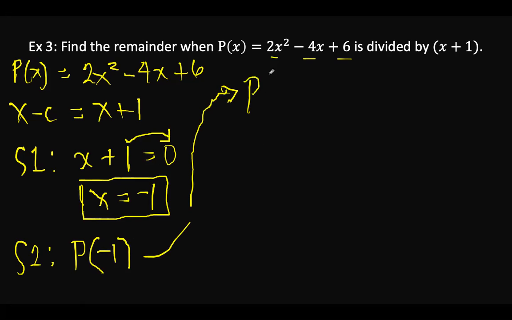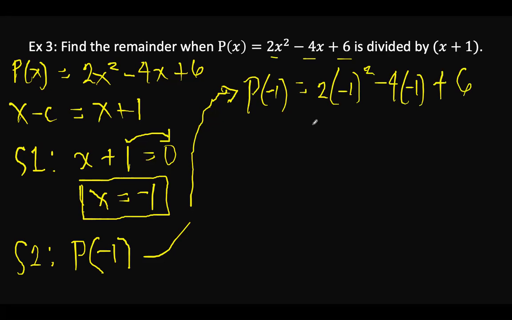So, ang mangyayari ay p of negative 1 equals 2 times negative 1 squared minus 4 times negative 1 plus 6. Okay, let's simplify. So we have negative 1 squared is positive 1 times 2, that's 2. Negative 4 times negative 1, that's 4. And plus 6. So let's simplify again. 2 plus 4, 6 plus 6, 12.